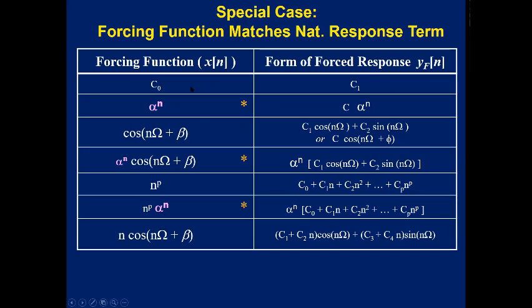And we go back to our table that we use for determining, for some input function, what's the form of the forced response. There's some fine print here. There's a couple of asterisks that we have to go read.